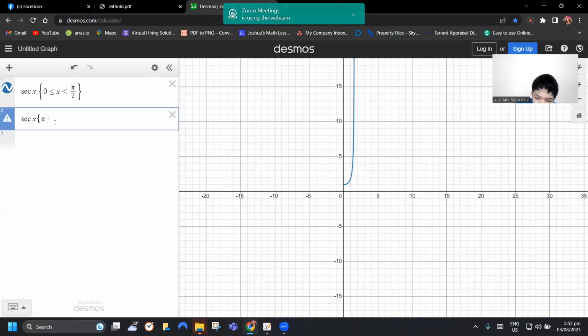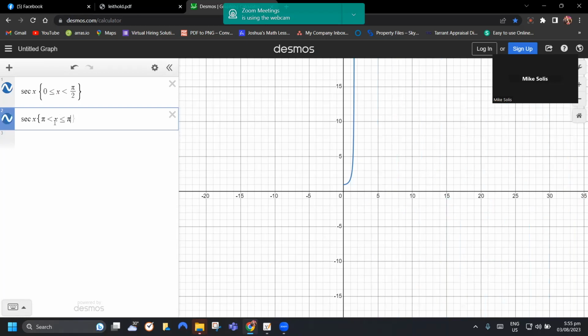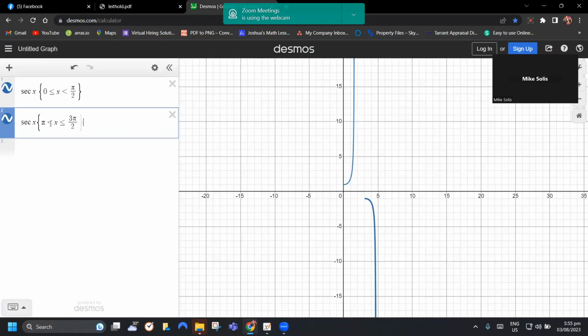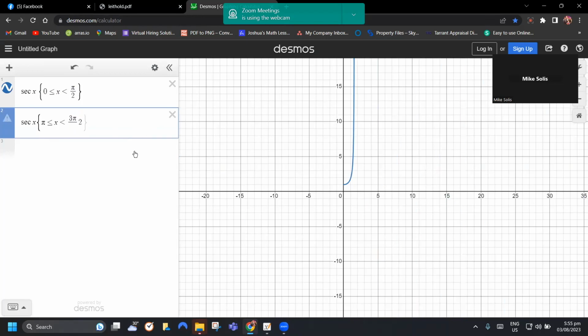Pi lang po. Included yung pi, so less than or equal to dapat yan. Tapos, hindi included yung 3 pi over 2.